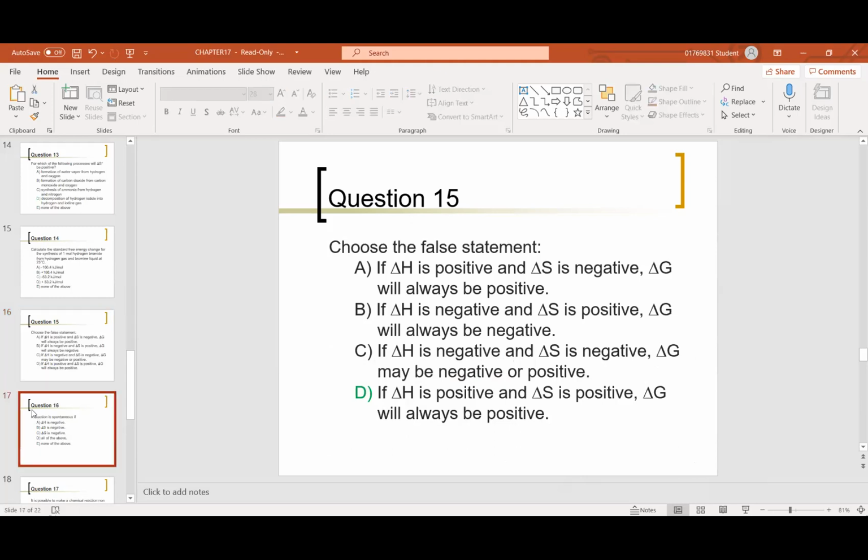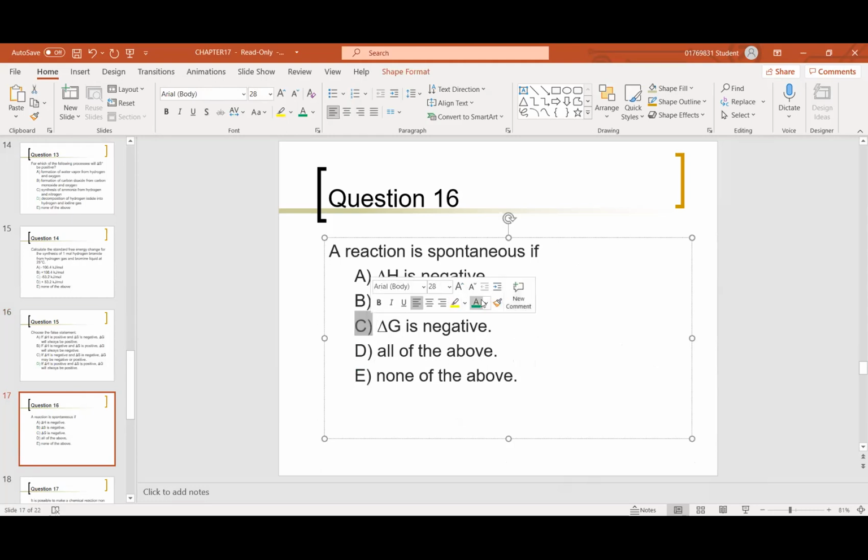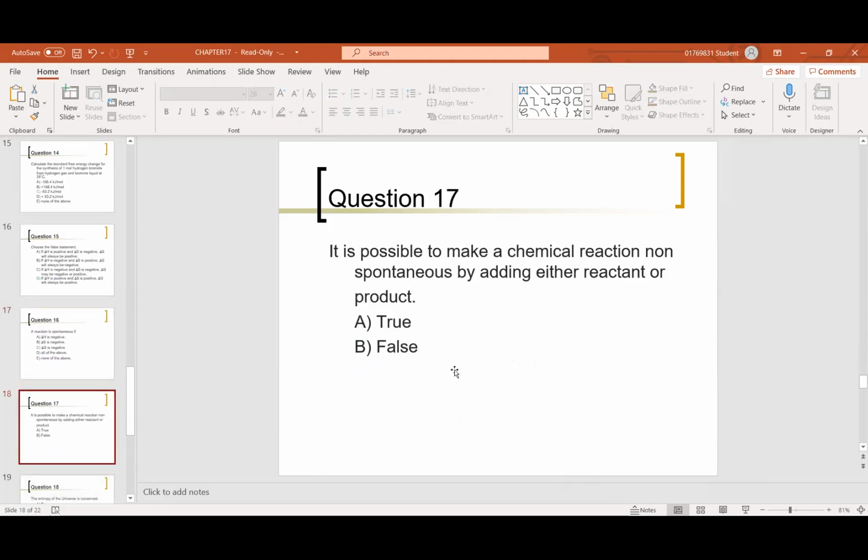If delta H is positive and delta S is positive, it's not always positive. It's this one. A reaction is spontaneous if delta H is negative. No, if delta G is negative. Yeah, it's just delta G. It is possible to make a chemical reaction non-spontaneous by adding either a reactant or a product.